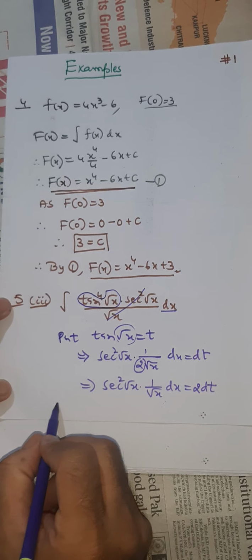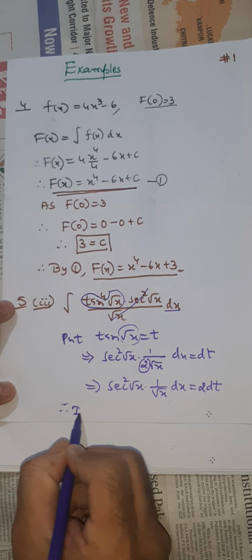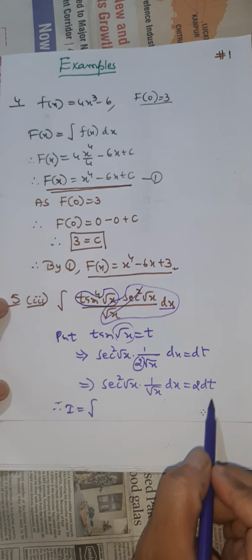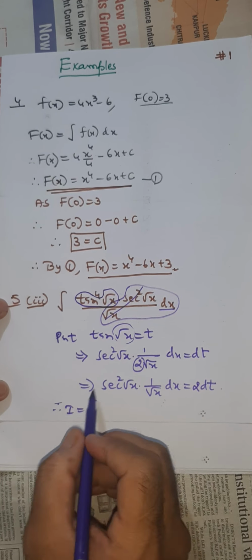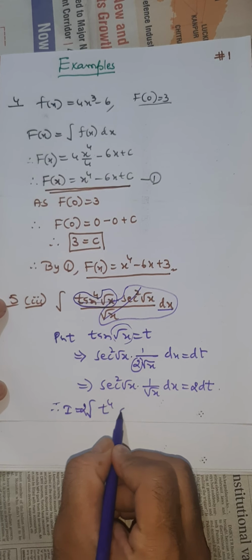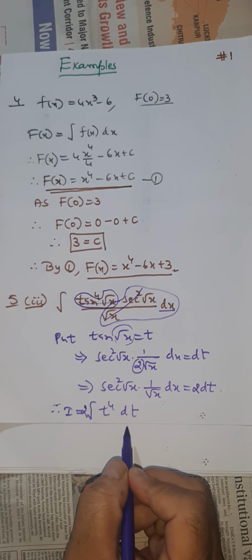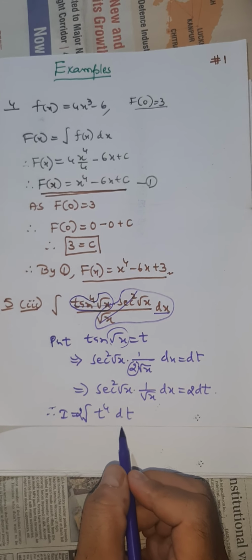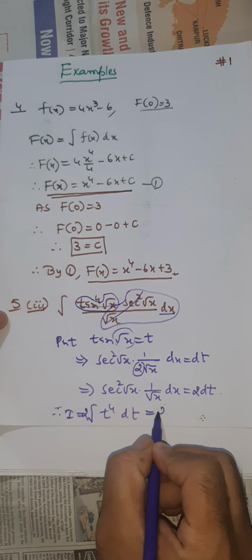So therefore, the above integral becomes 2 dt. So that 2 will go out. This was tan, so t raised to 4 dt. And now just integrate this. What's the integral of t to the 4? That you know.